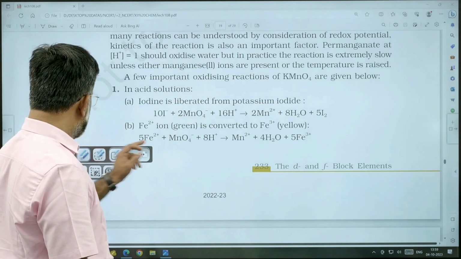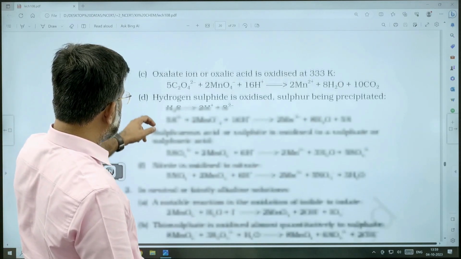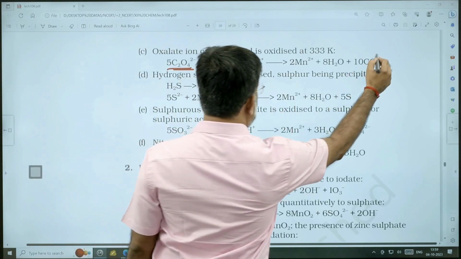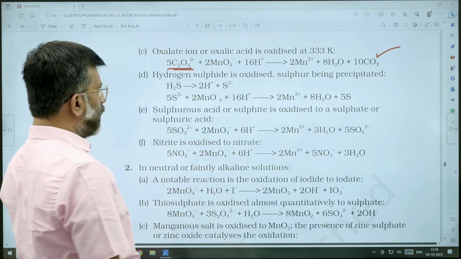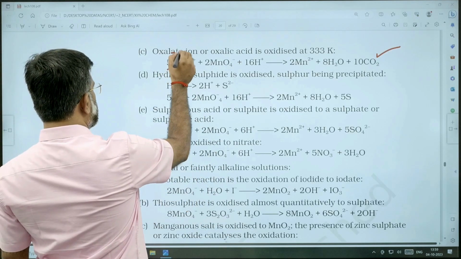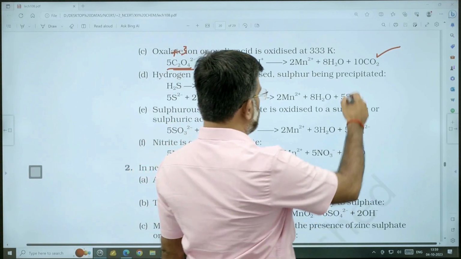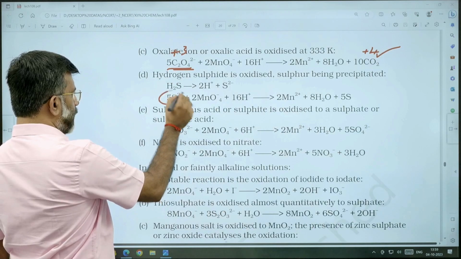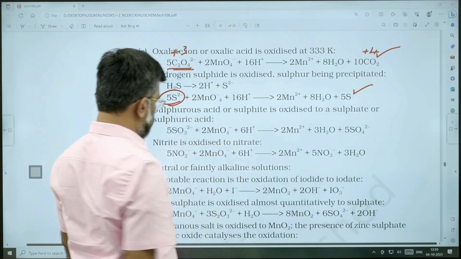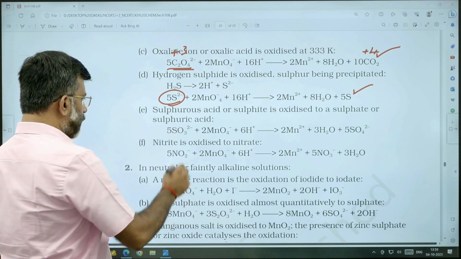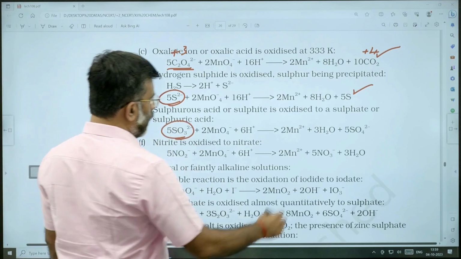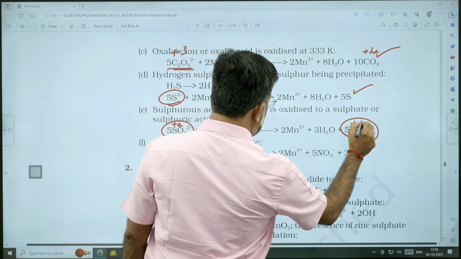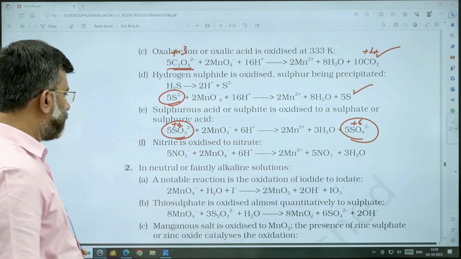More examples follow, have a look at this. Oxalate, +3 state, is oxidized to carbon dioxide, +4 state. Sulfide is oxidized to sulfur. Sulfurous acid or sulfite, +4 state, is oxidized to sulfate, +6 state.